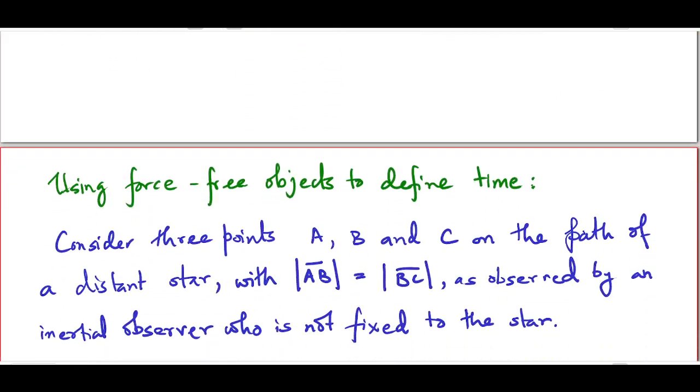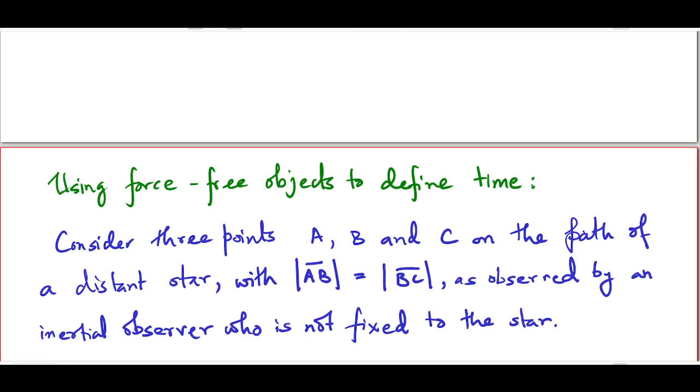You will consider 3 points A, B and C on the path of the distant star, this distant star which is moving with respect to our chosen inertial observer. And you choose these points in such a way that the distance between A and B and that between B and C are equal.